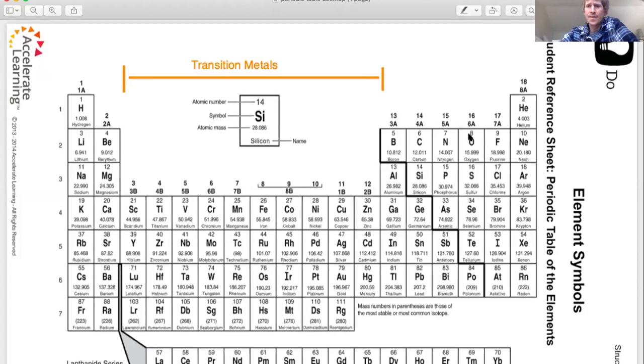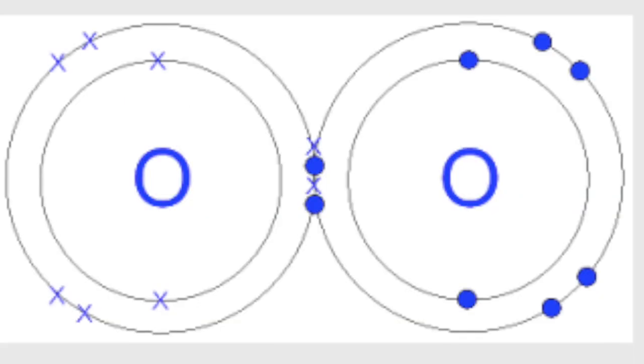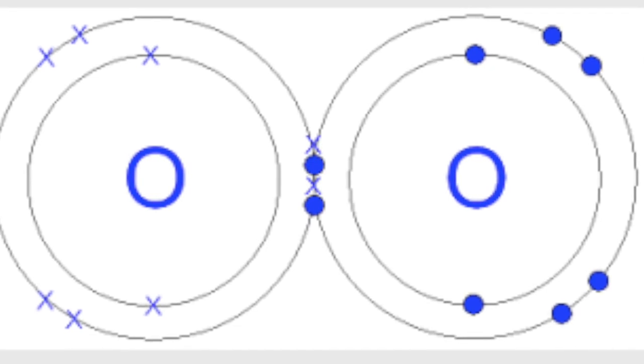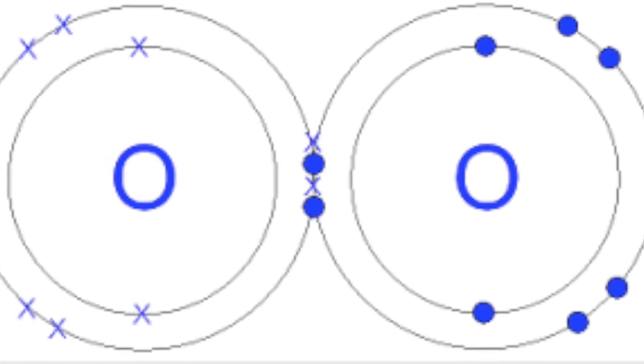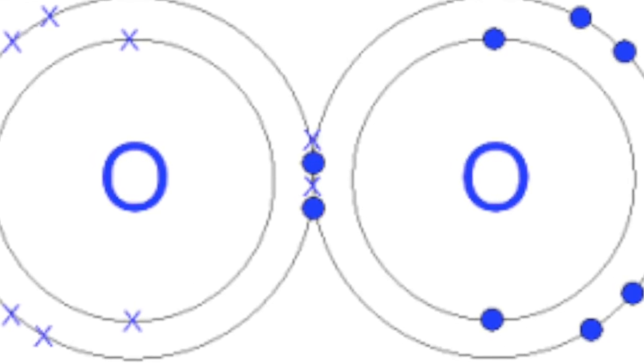The most electrons that can fit in that second shell is 8, and oxygen only has 6. Therefore it needs to borrow 2 more electrons from somewhere, and usually oxygen travels in pairs, so it has a double bond between 2 oxygen atoms.